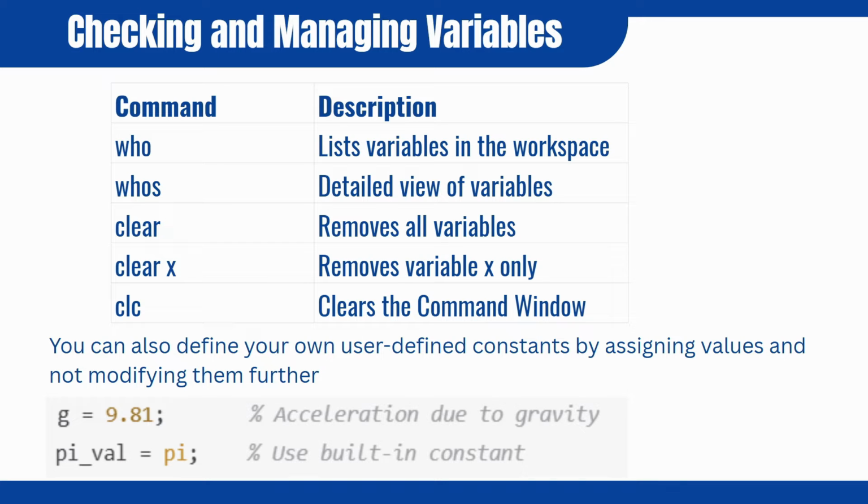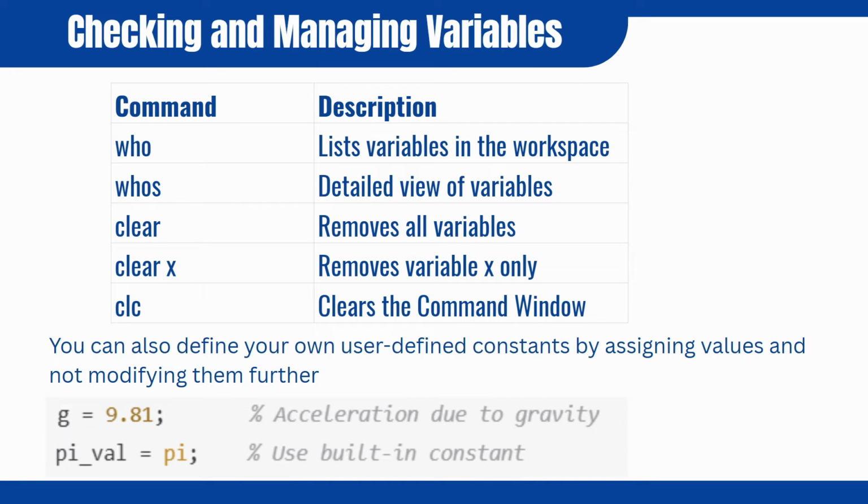We must check the variables and manage them. Here you can see in the first column the command, and in the second column the description of the command. When you enter who, it returns the list of variables available in the workspace. When you enter whos, it provides a detailed view of the variables in the command window.